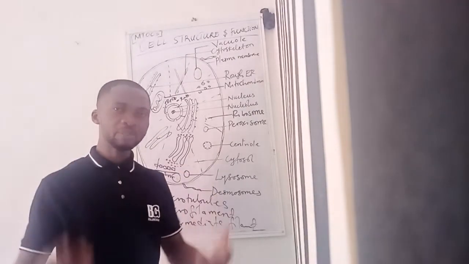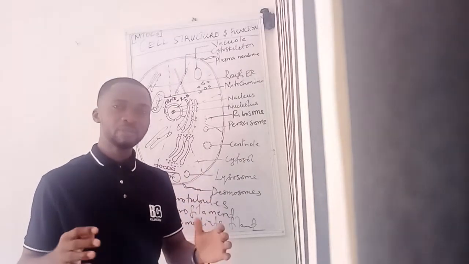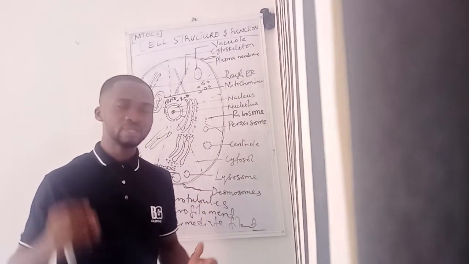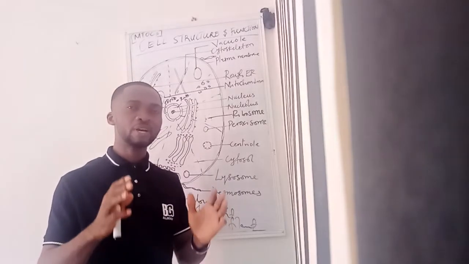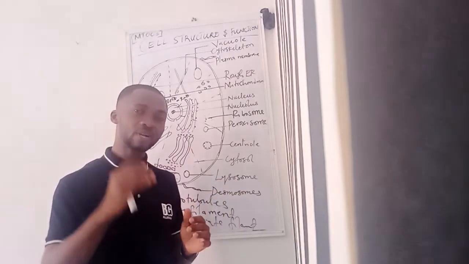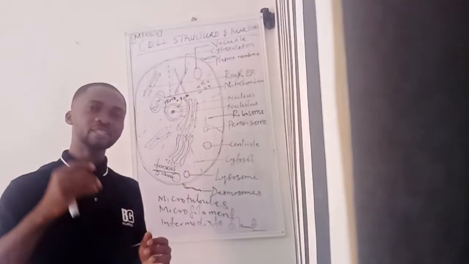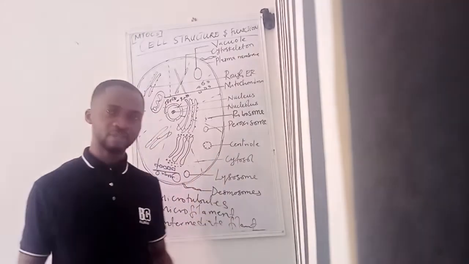Now, some of the metabolic processes in the body bring about some byproducts such as hydrogen peroxide. And the function of the peroxisome, and one of the enzymes it contains, which is called catalase, is to break down this hydrogen peroxide, because it is harmful to the cell.